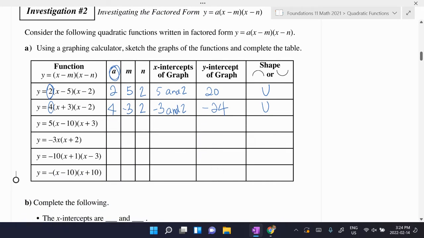Okay, so the next one, a is 5, m is 10, and n is negative 3. So I'm going to pause, put that into your calculator and see what you find.